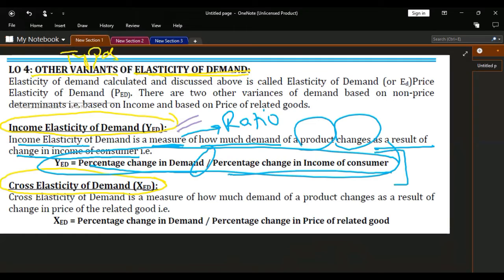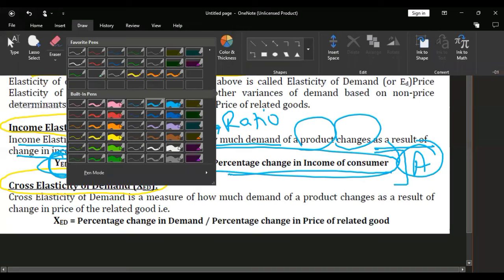Here the product is same, for example, product A, and it is represented by YED. So it is the income elasticity of demand, in which demand depends upon the income of the user.